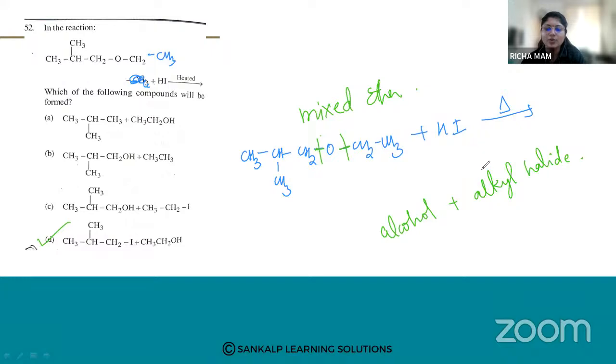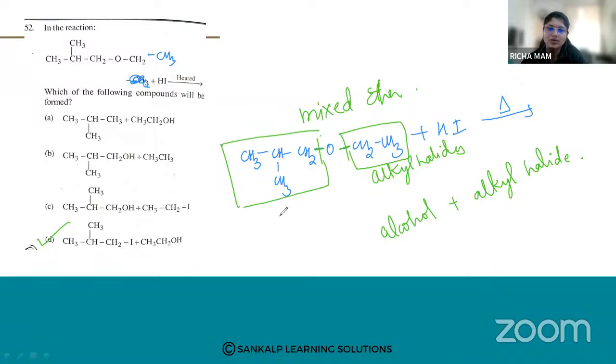This will depend on the nature of the alkyl group, whether a primary or secondary alkyl group is present. Whatever the lower alkyl group is, this is the lower alkyl group, so it will form the alkyl halide, and the other will form the alcohol. Understood?